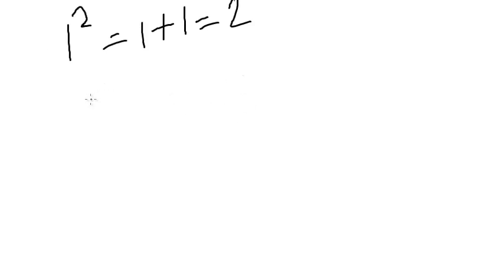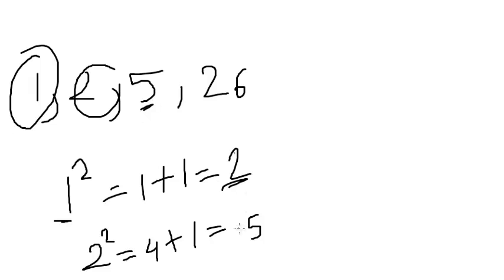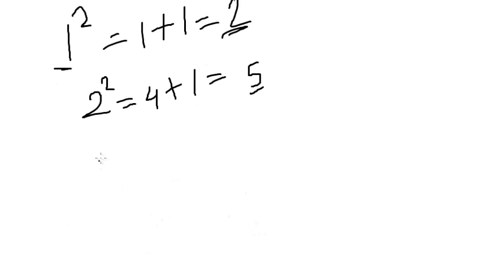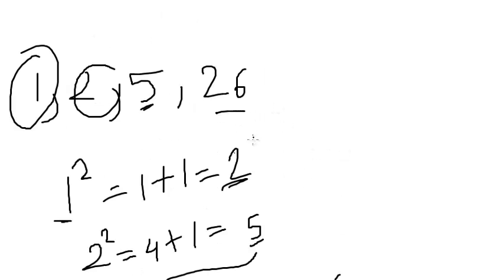Now let's see what 2 square is. 2 square is 4, and if I add 1 to it, I'm going to get 5. So as you can see, I've got my 1, my 2, my 5. Let's see what 5 square is going to give. 5 square is 25 plus 1 is equal to 26, and voila, we have our pattern.